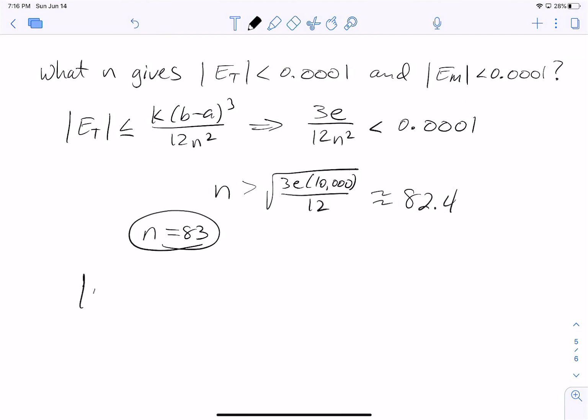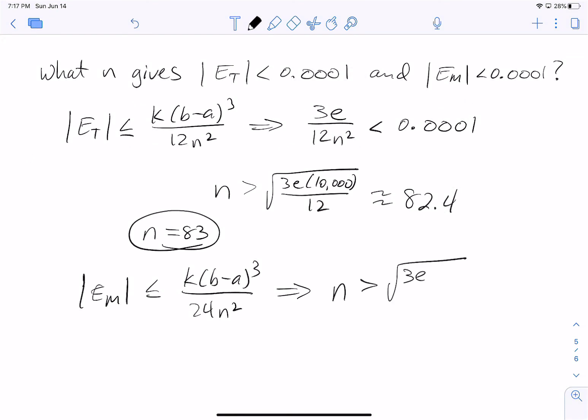The absolute value of e sub m is much the same, right? It's less than or equal to k times the quantity of b minus a cubed over 24n squared. And so that means, look, the only thing that's changing is the 12 is becoming a 24, right? So n is greater than the square root of 3e times 10,000 divided by 24.